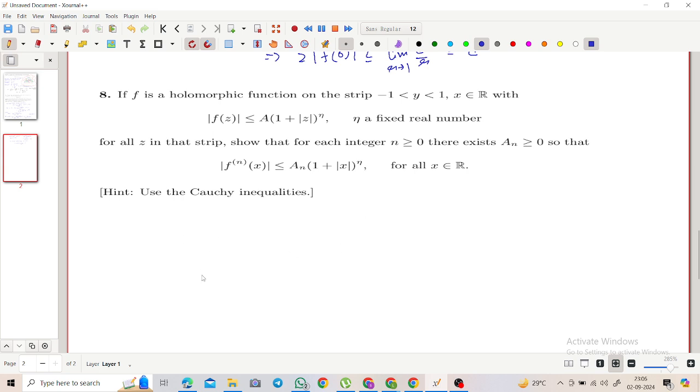See, so the problem is such that f is a holomorphic function on the strip -1 to 1.